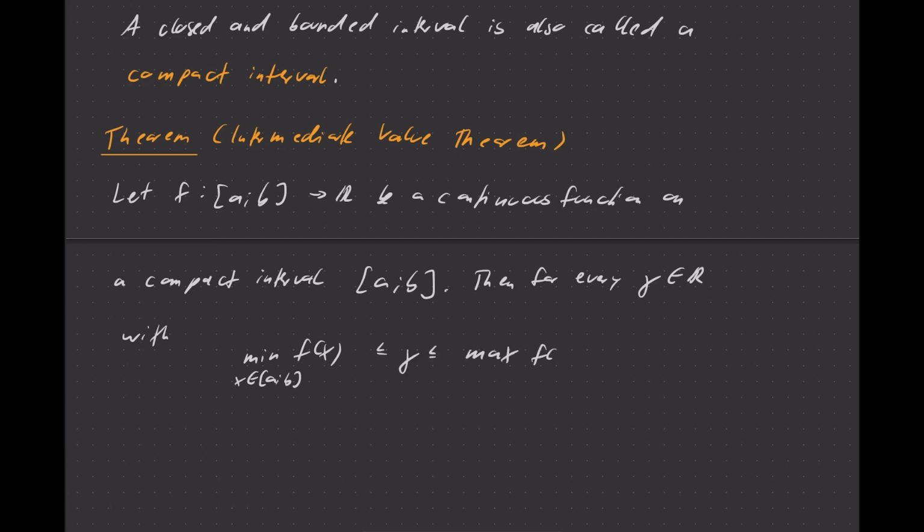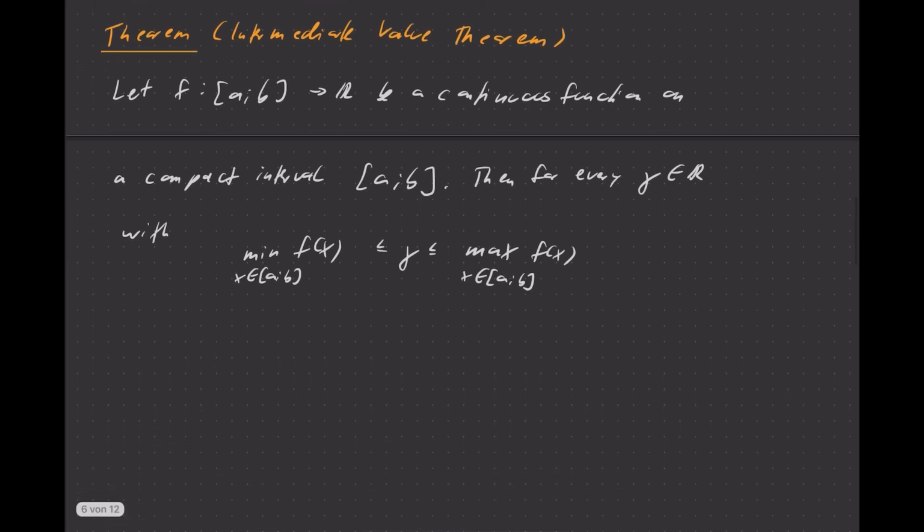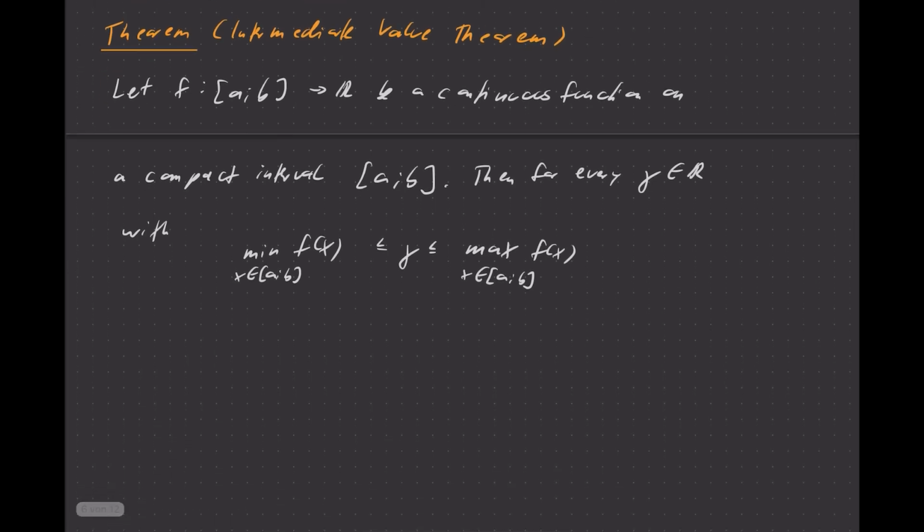So we know that f attains these two values, and then we can take any value in between. And the theorem says there is a point where this value is actually attained. So for every gamma that is in between minimum and maximum, there is a point x star in AB with f of x star equals gamma.